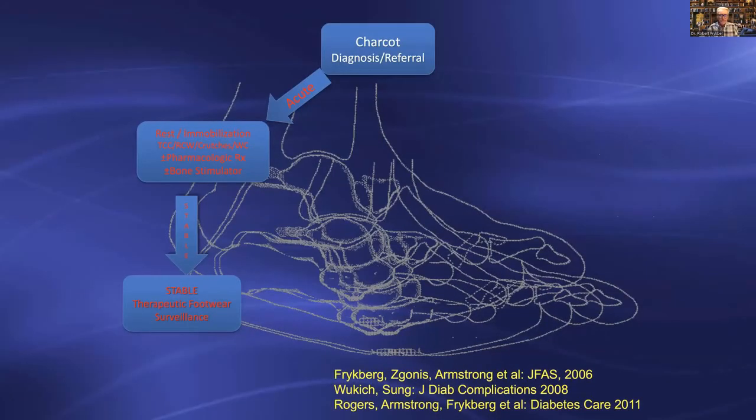Here's another algorithm, hopefully not terribly confusing. Let's say we have our Charcot diagnosis or referral. In this arm, we have the acute Charcot foot.